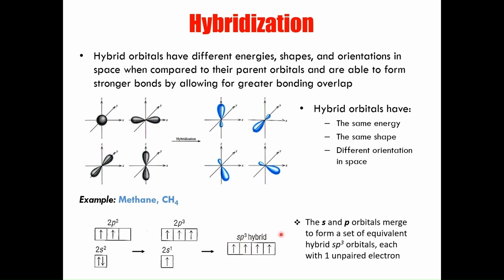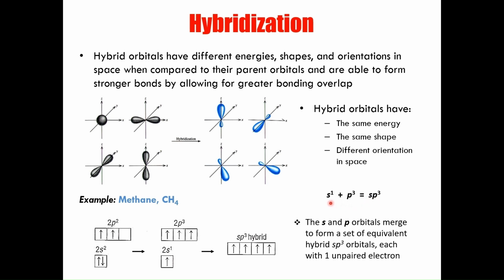Now, the reason we call them sp3 is because you have an s orbital with 1 electron being added to 3 p orbitals with 3 electrons, giving you sp3. And especially now, we need to note that we have 4 sp3.